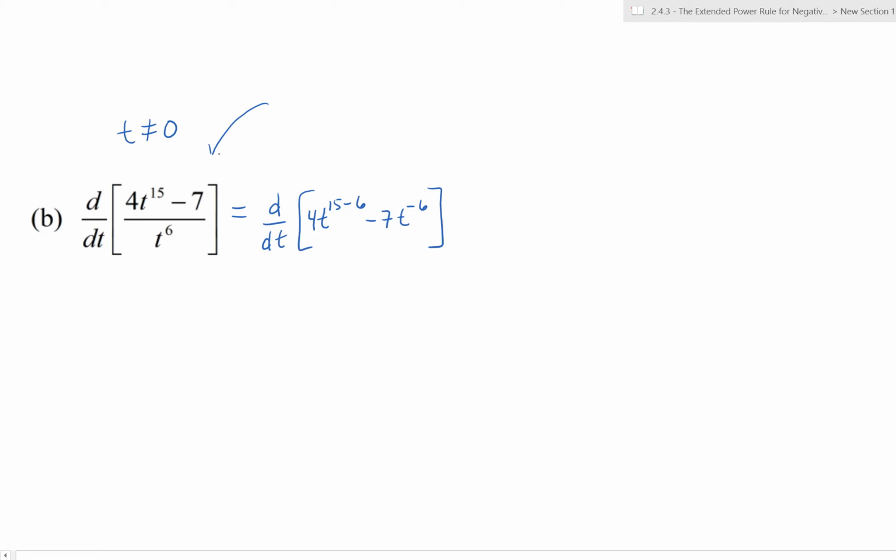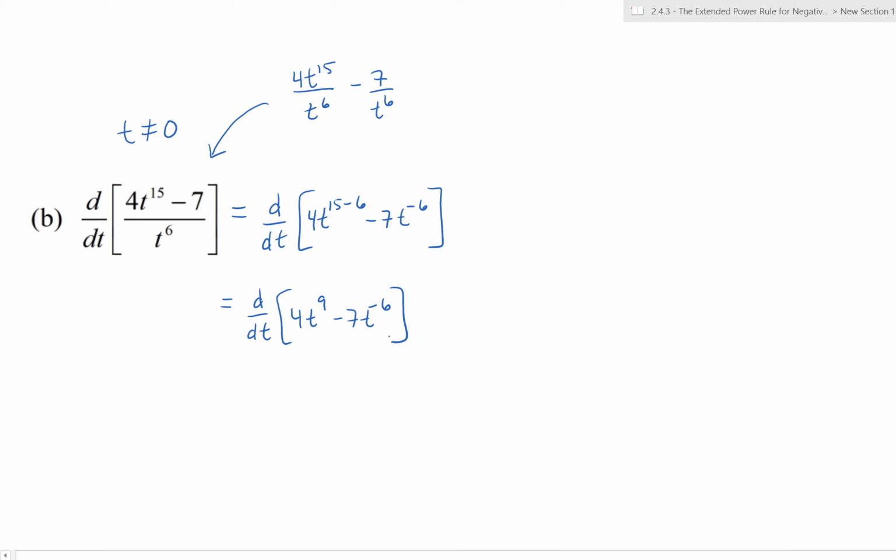Because essentially that function is the same as 4t to the 15th over t to the 6th minus 7 over t to the 6th power. So I just split it up into individual terms, and then I'm going to apply my properties of exponents to get that this is the same as the derivative with respect to t of 4t to the 9th power minus 7t to the negative 6th power.